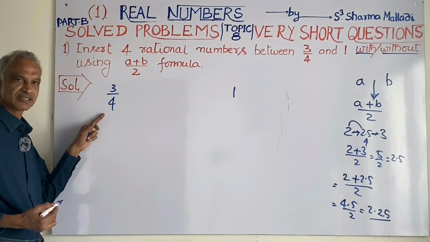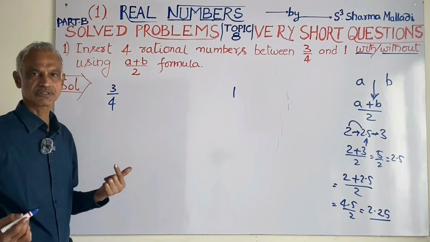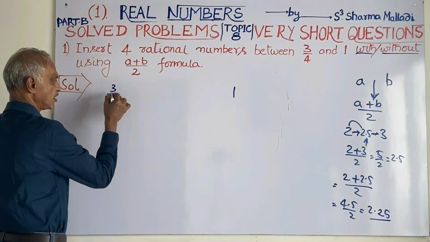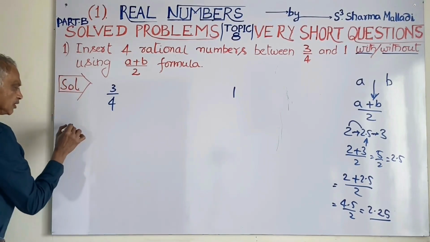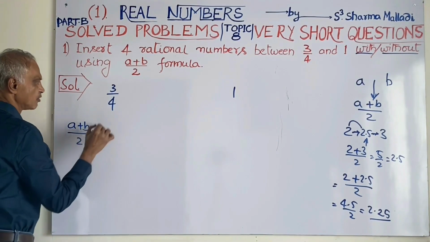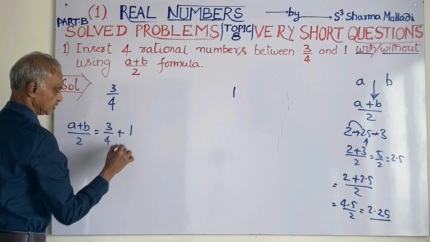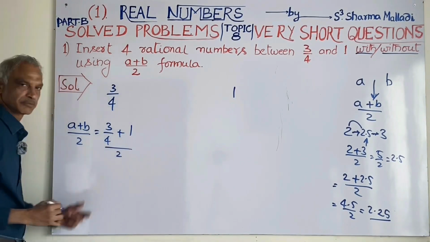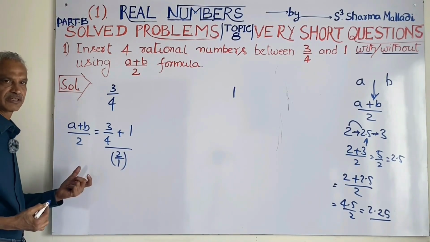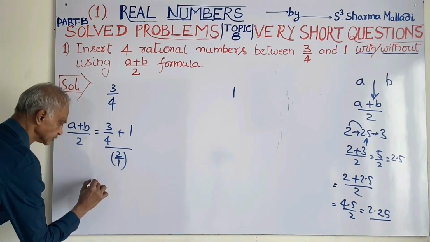We have to insert rational numbers between 3 by 4 and 1. How many do we have to insert? 4. What do I have to do? I have to take the average of 3 by 4 and 1 using the a plus b by 2 formula. Here it is 3 by 4 plus 1, by 2. By 2 means 2 by 1, which is easy if you take it that way.